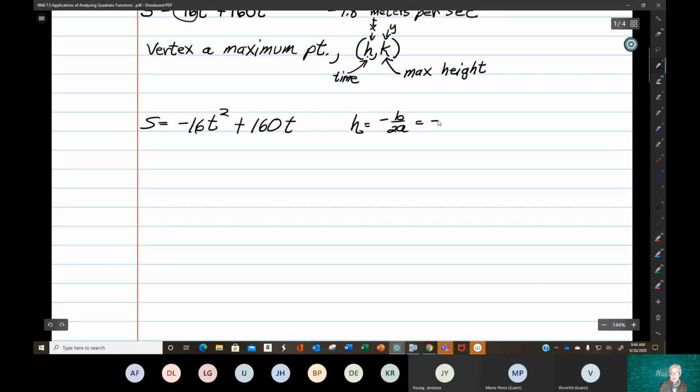So this is going to be negative 160 over 2 times negative 16, which is going to be negative 160 over negative 32. Negative over negative is positive.